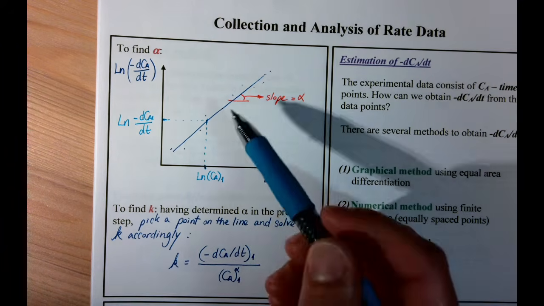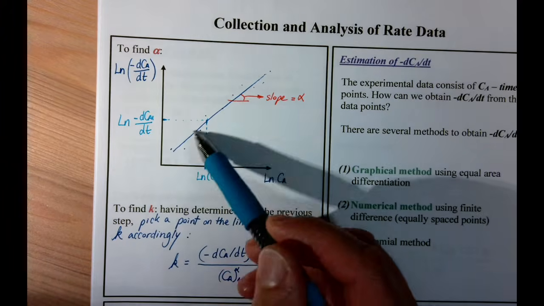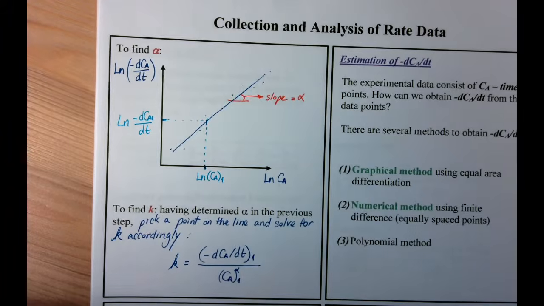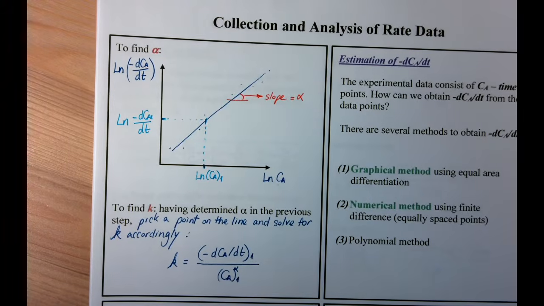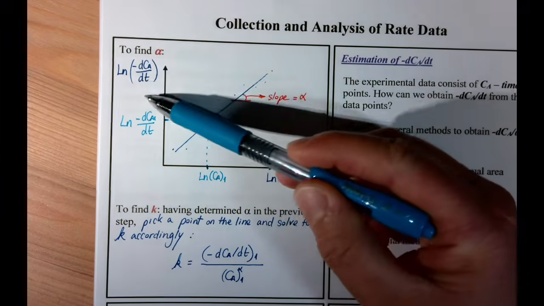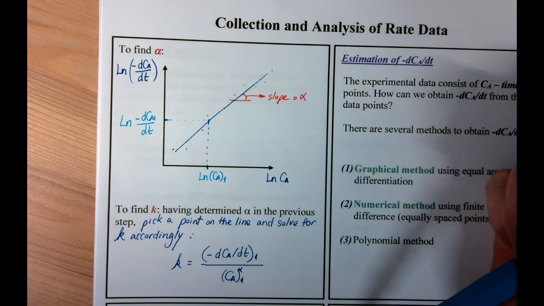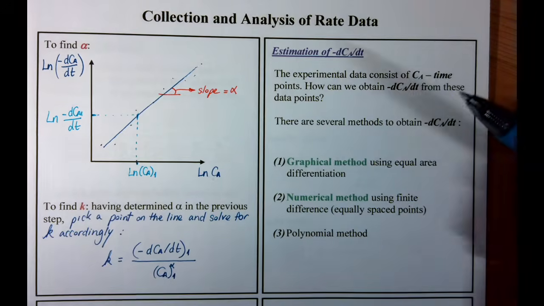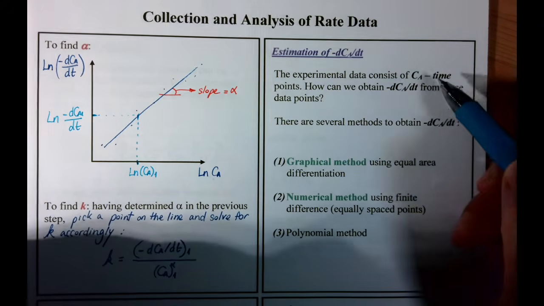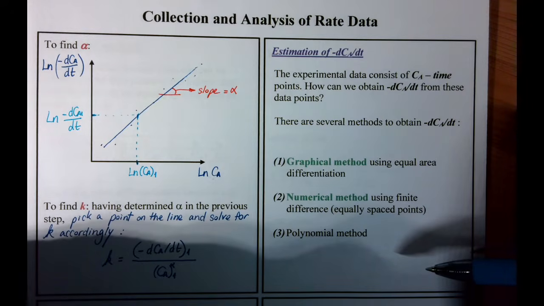Or you could also find k just from finding the intercept of this line with the y-axis. Okay? Now, this would all be if you already have the experimental data for dCA/dt. But experimentally, what we are measuring in the batch reactor is how concentration varies with time.